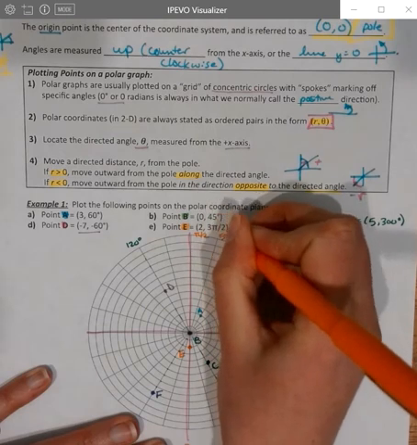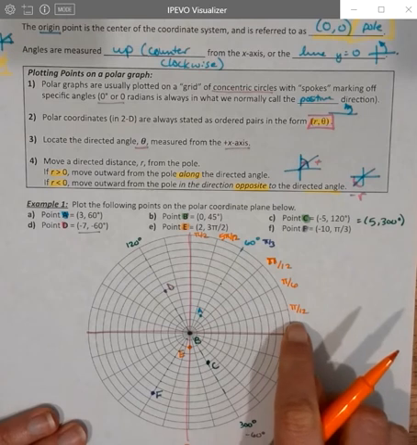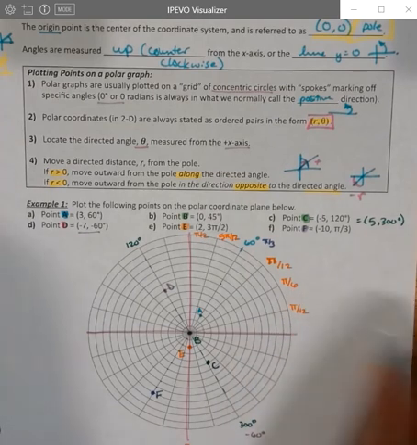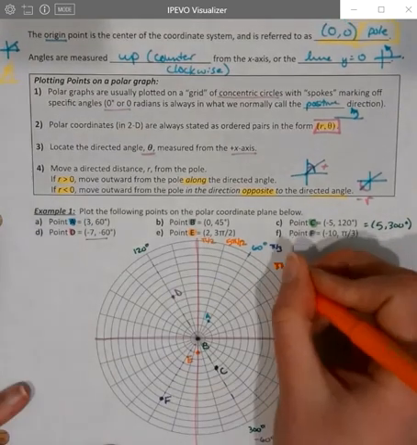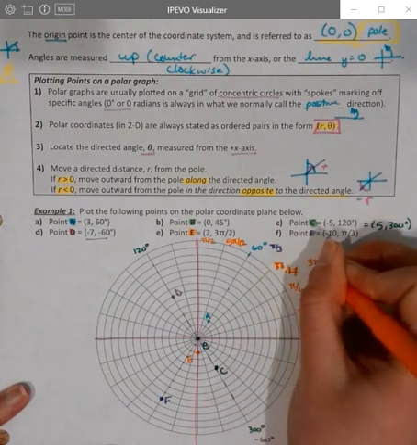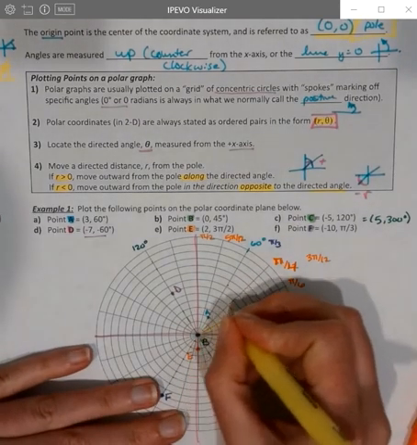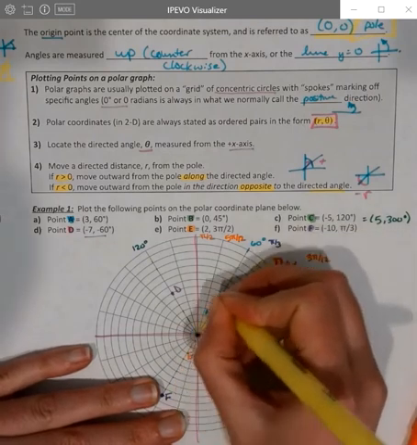I don't need to label all of them all the way around, but it is useful to know what the measurement here is. It's more than the unit circle lists, partially because the unit circle only lists the values for pi sixths, pi fourths, which is the same thing as 3 pi 12ths, and pi thirds.